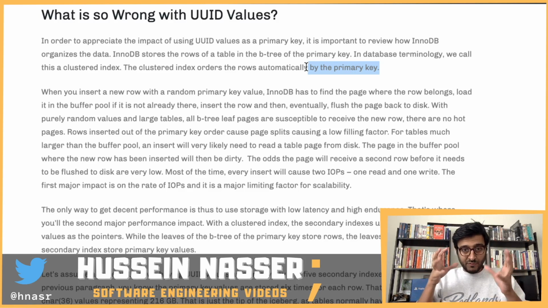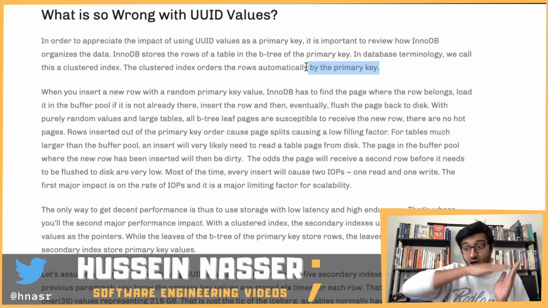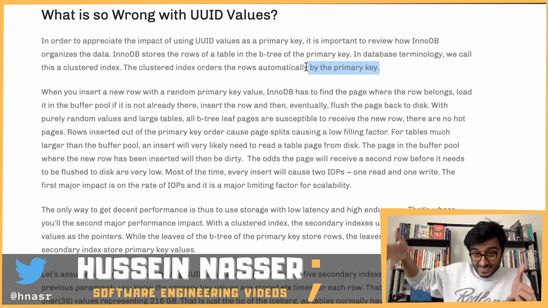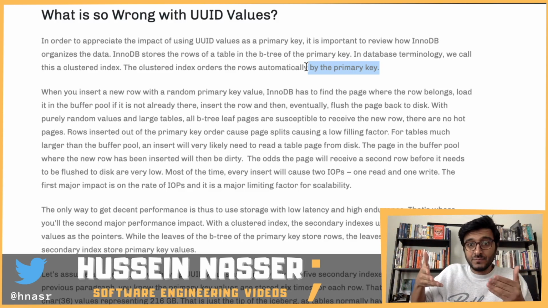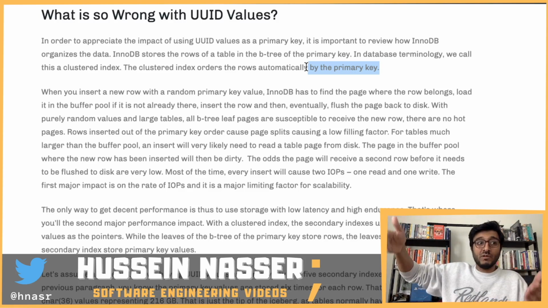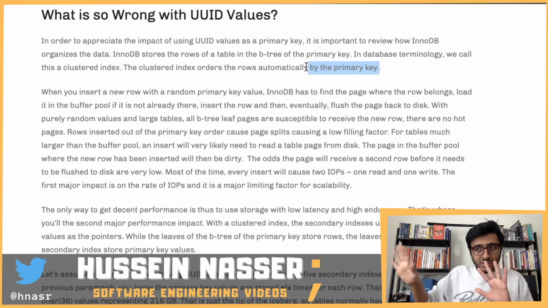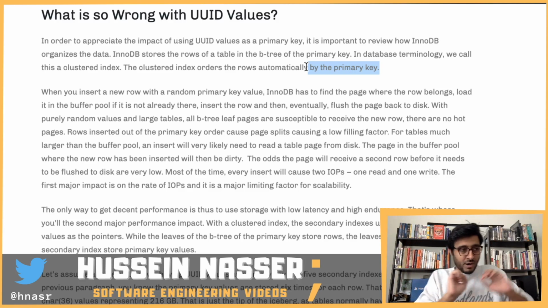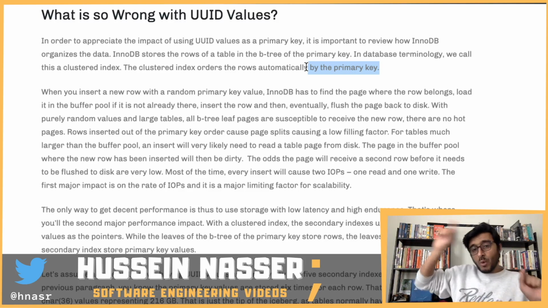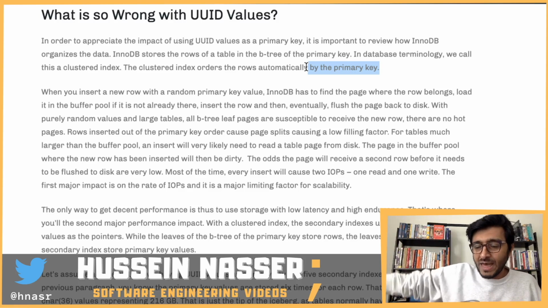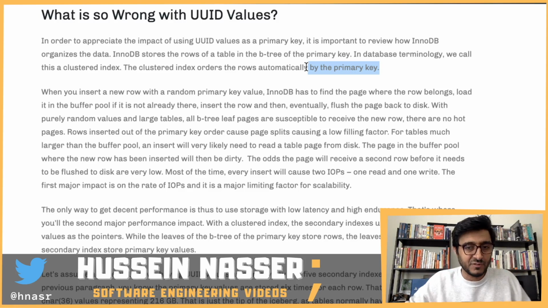Think about it: if you have a primary key with a value of 1, the entire row exists next to that value, and so on. Value 2, the entire row next to it. Unlike Postgres, where the heap exists somewhere and the index exists somewhere else, and there is a pointer to that. It's slightly different.